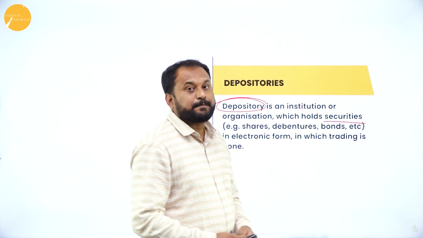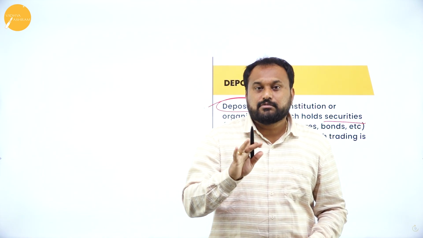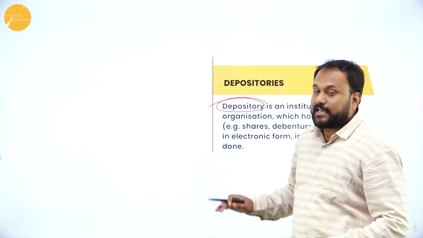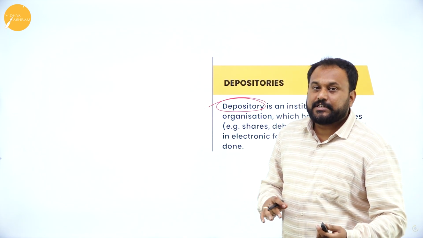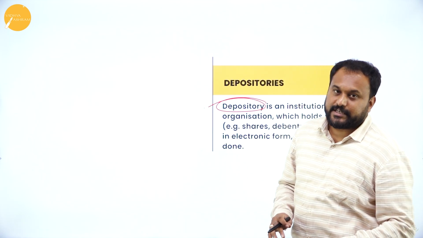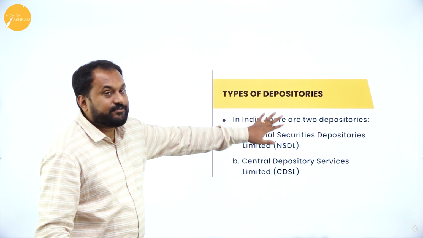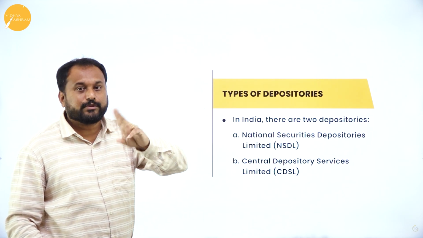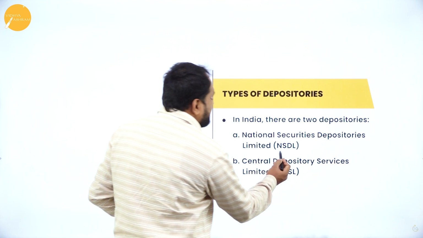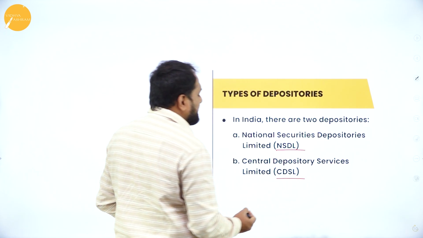Now, we have two types of depositories. Again, I'm telling you, please do understand. When it comes to depositories, a 2-mark question can come as well as a 1-mark question. The 1-mark question is: what is a depository? The 2-mark question is the types of depositories. In India, we have two types of depository. One is NSDL, another is CDSL.